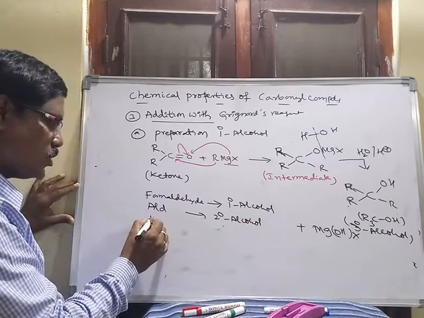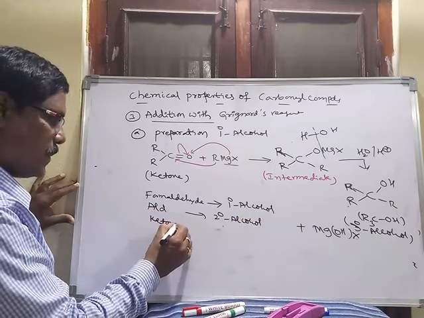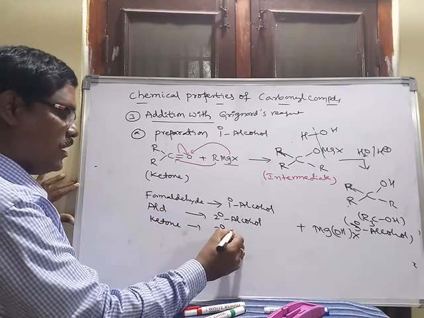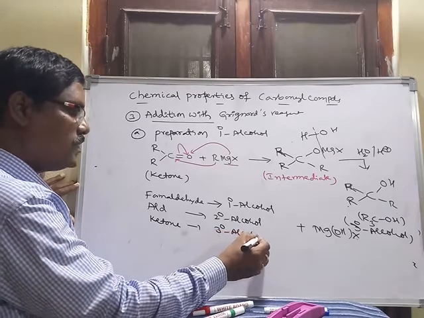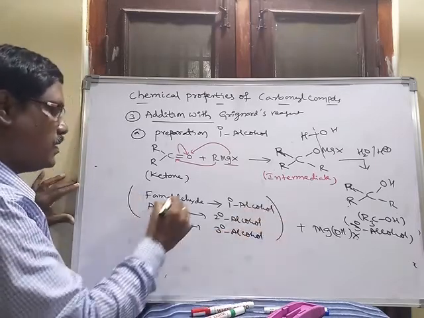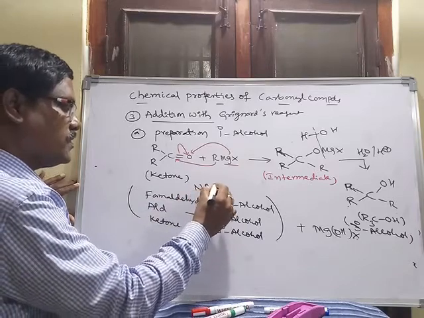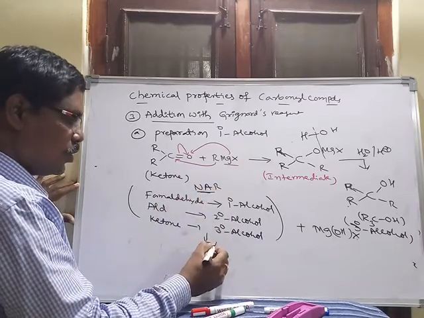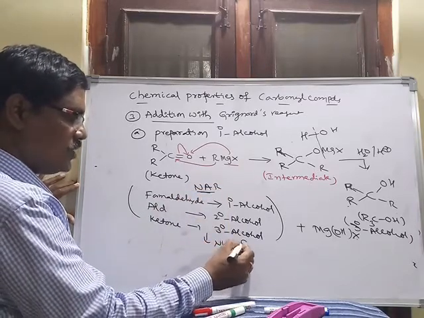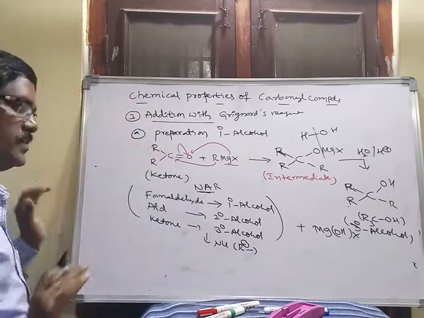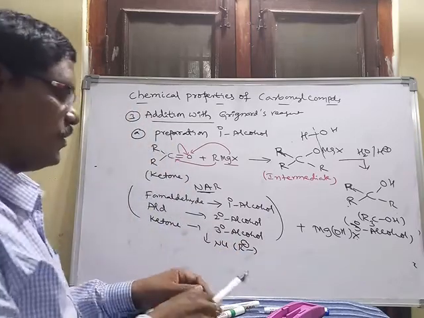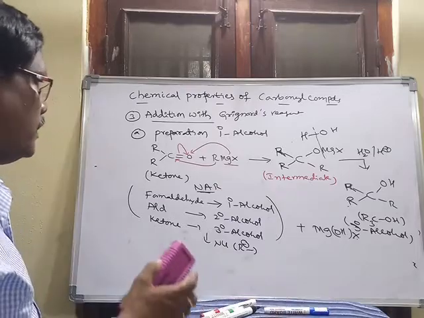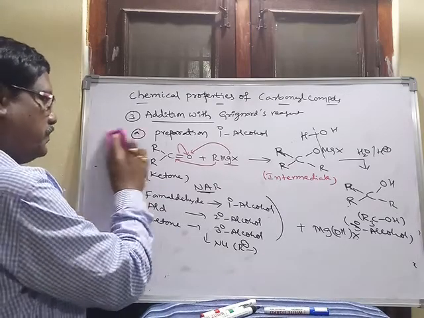When we take ketones in this reaction, we obtain tertiary alcohols. All these reactions are examples of nucleophilic addition reactions, and the nucleophile is R minus, which is obtained from the Grignard reagent. This is some information about the addition with Grignard reagent.